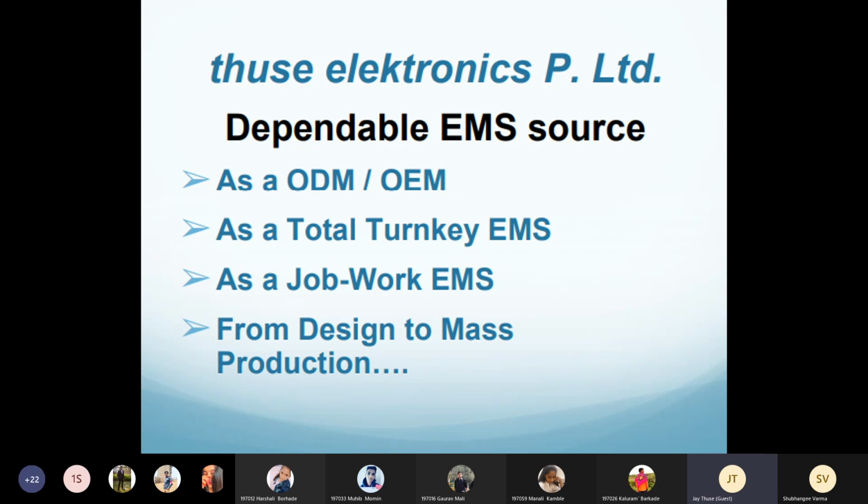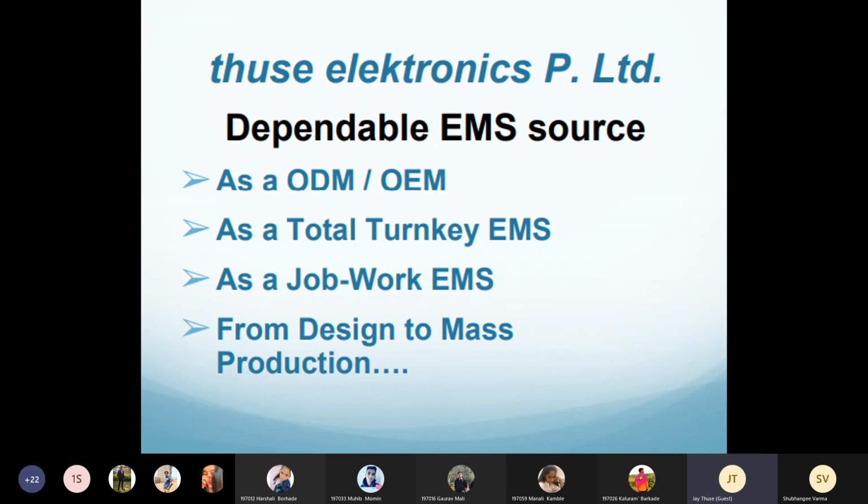We operate as an ODM and OEM supplier. I was explaining a few minutes ago what these terms mean, and I'll repeat them because there were some technical issues. ODM means original design manufacturer. Under this approach, we take the design specifications and the idea from our customer, and we do the material procurement.